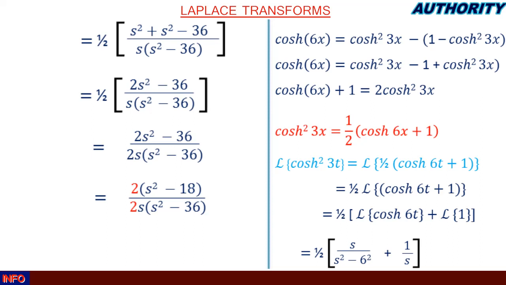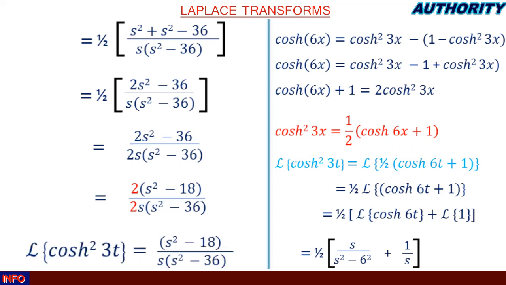So when they strike out, we have s squared minus 18 all over s(s squared minus 36). So therefore, this is the Laplace transform of cosh squared 3t. The Laplace transform of cosh squared 3t is equal to s squared minus 18 all over s(s squared minus 36). All right.